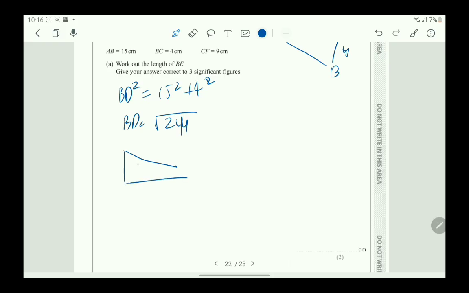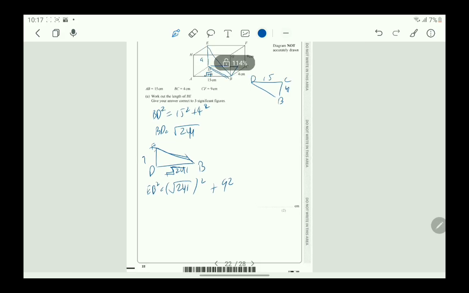The point of interest is EDB, and now that we know it's root 241 here and 9 here, we can find out EB squared equals root 241 whole squared plus 9 squared.